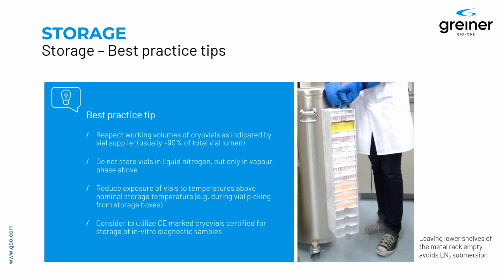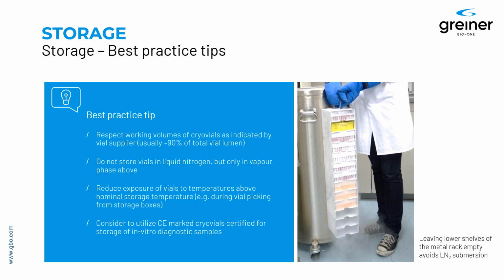Here you see 4 best practice tips for storage. The first one is about working volumes. You should never exceed the working volume as it is indicated by your vial supplier. And the idea behind it is that usually samples contain water, and water has its highest density at 4 degrees Celsius. In other words, when you go further down in temperature, the water is expanding, the ice is expanding.